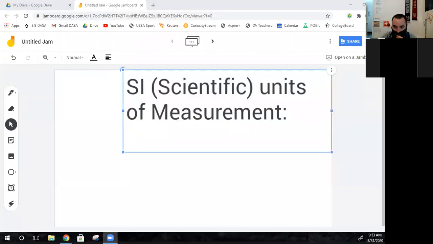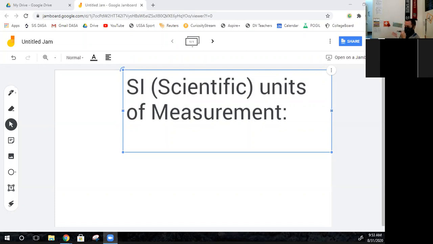So today, I'm going to introduce to you the units that we will use in this class. If you have taken a class from me before, which almost all of you have, you know that I have a particular hatred for the imperial measurement system, right?